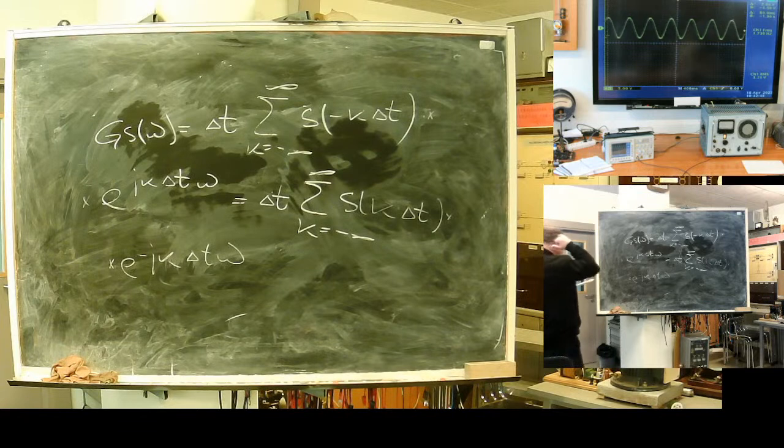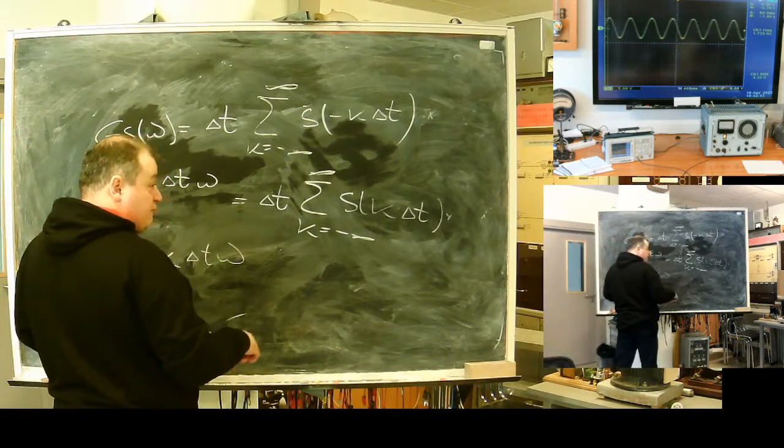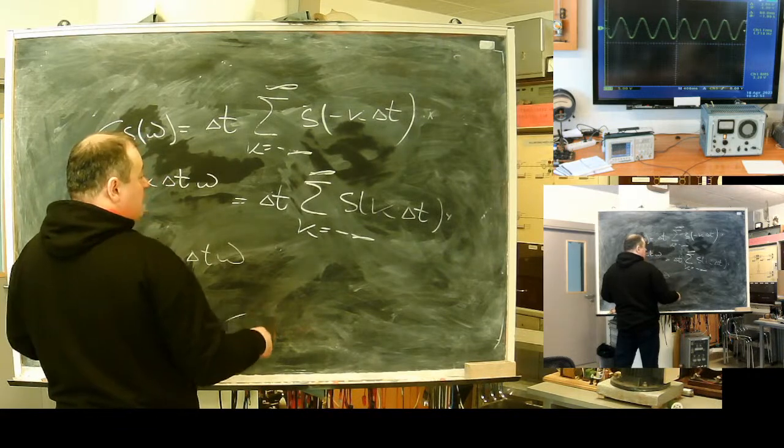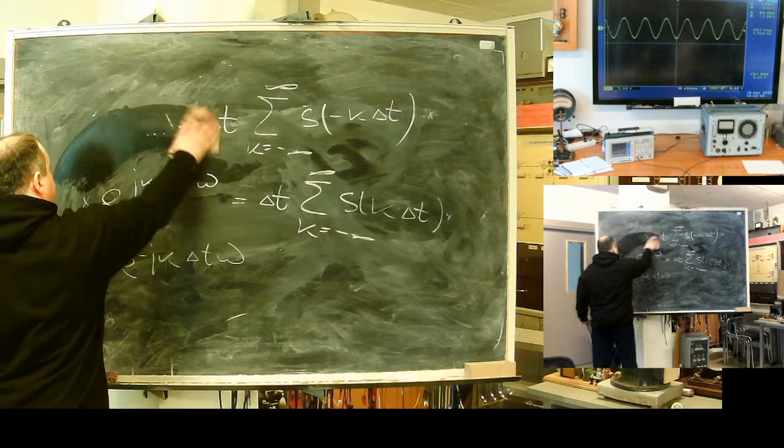Now we can substitute in the original form of the Fourier spectral function this discrete representation.